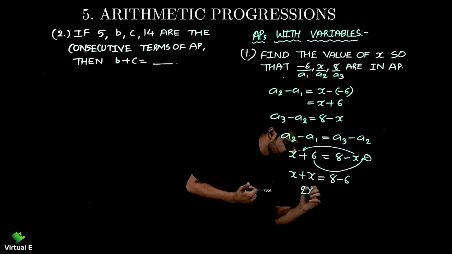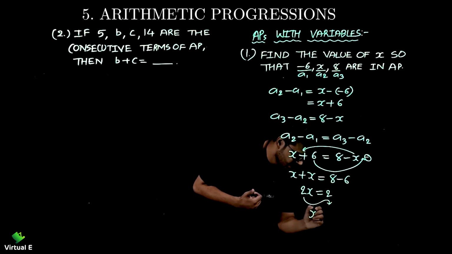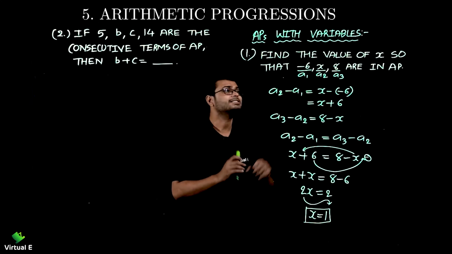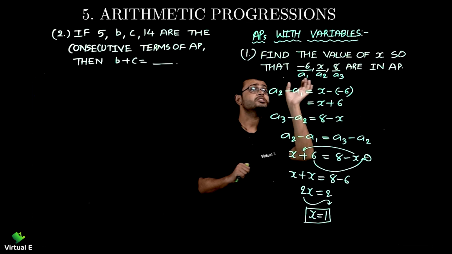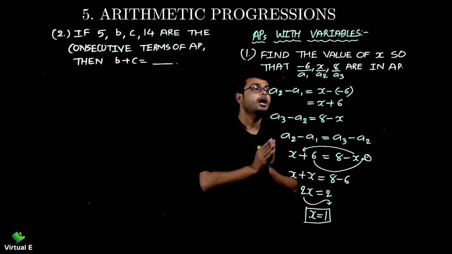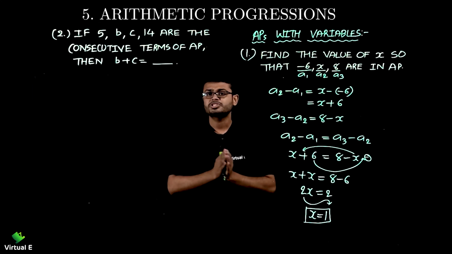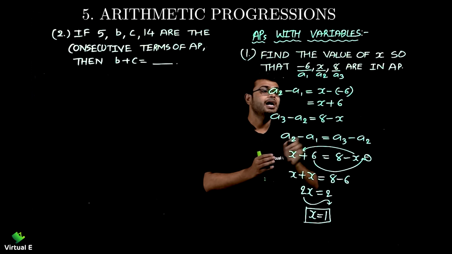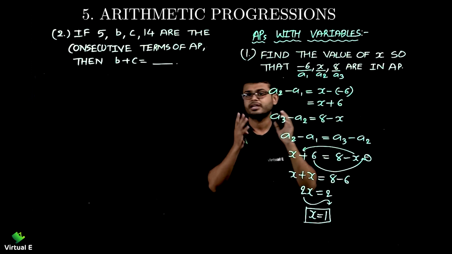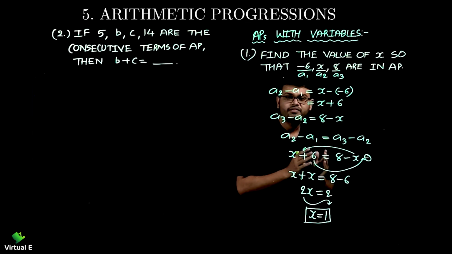So 2X is equal to 2. The 2 will go into the denominator. So X is equal to 1. If I take X equal to 1, these three numbers will be in AP. Let's recall how we did it. Three terms are given. To form an AP, the most important condition is that you should have the same common difference. So I took the common differences, equated them, and got the value of X.